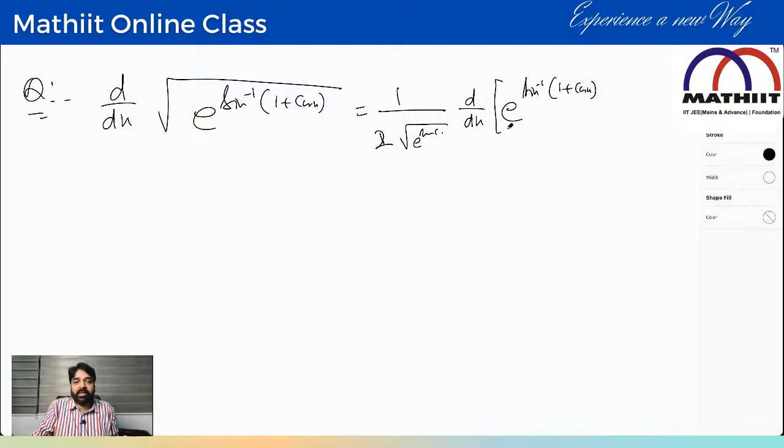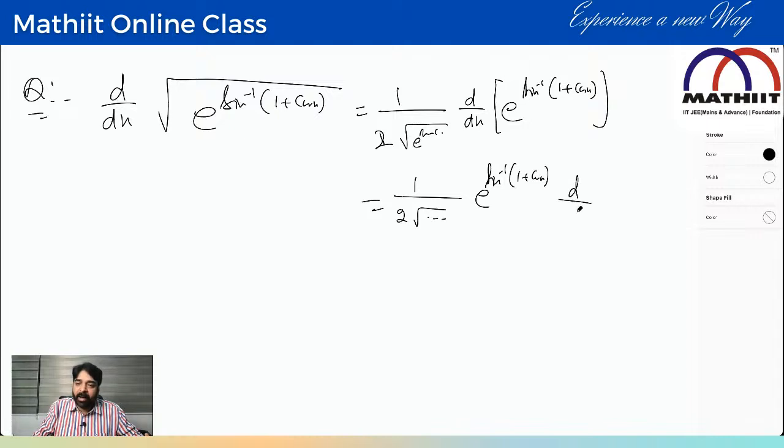Now differentiate this carefully. 1 by 2 root, dot dot dot, the same thing, then e power something differentiation is e power something itself, into d by dx of that something. The something right now is sine inverse of 1 plus cos x.